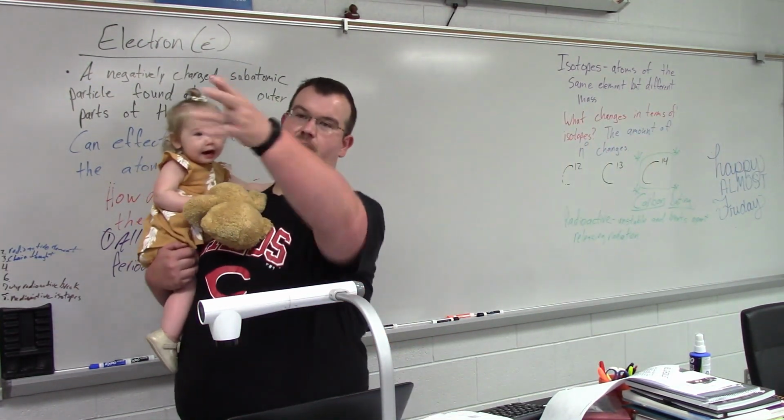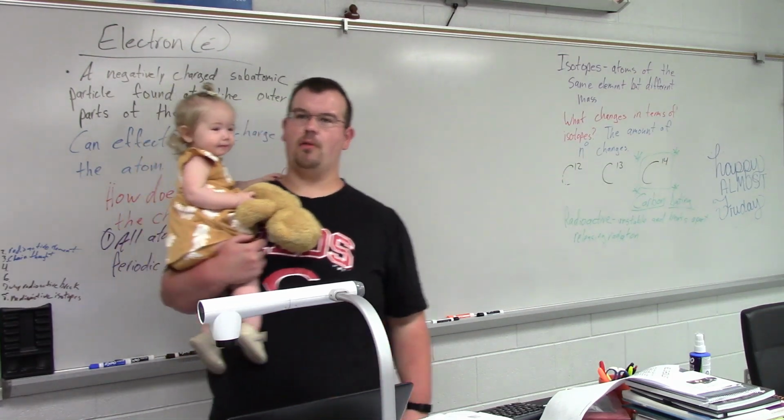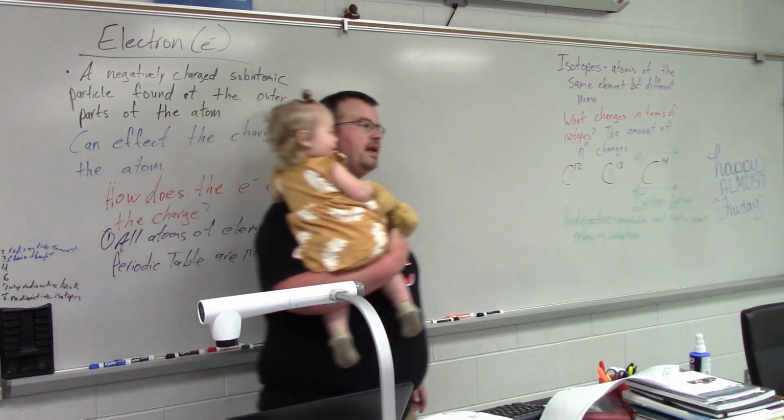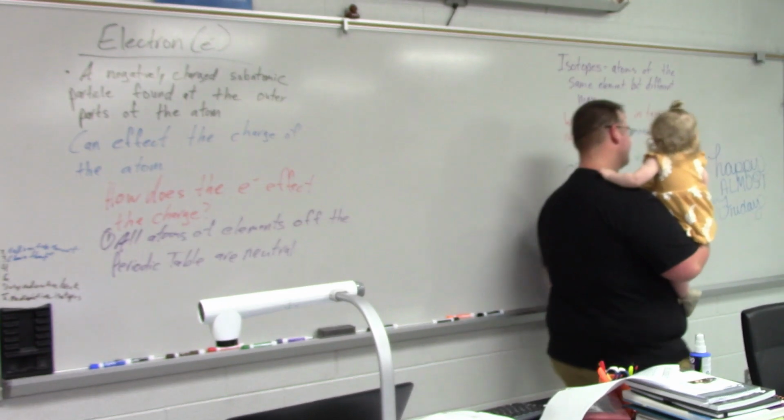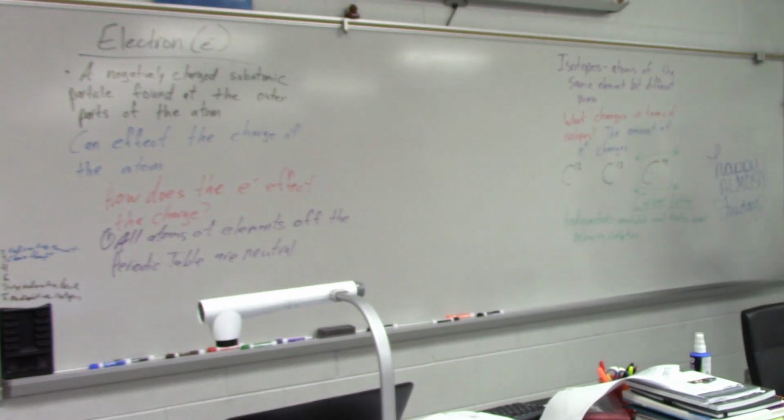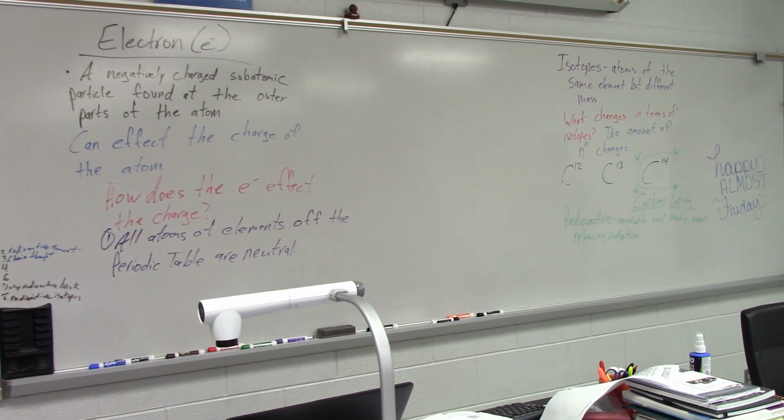Look at carbon, for example. Carbon has how many protons? 6. Since it has 6 protons, how many electrons does it have? The same number, 6. Neutrons are neutral.